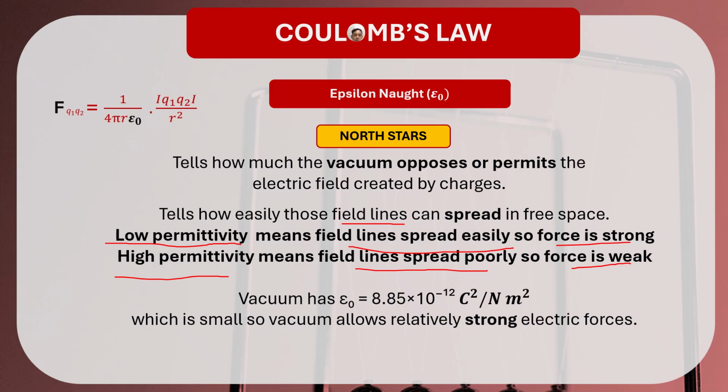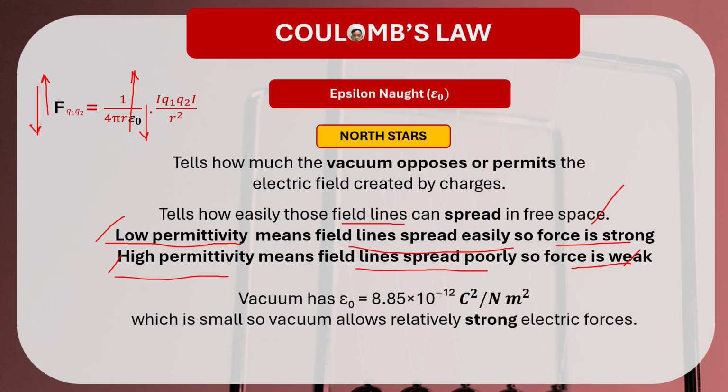If you have low epsilon naught, low permittivity, the force will be strong, so you will have a high magnitude of newtons. On the other hand, if you have high permittivity, epsilon naught going high, the force will become weaker, and the field will have a hard time to spread. So the force is going to be weaker. It's inversely proportional, and I hope you get it right.